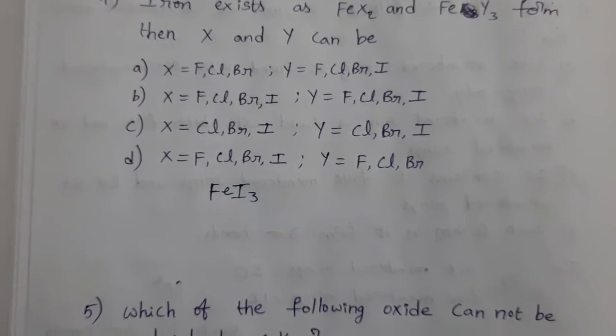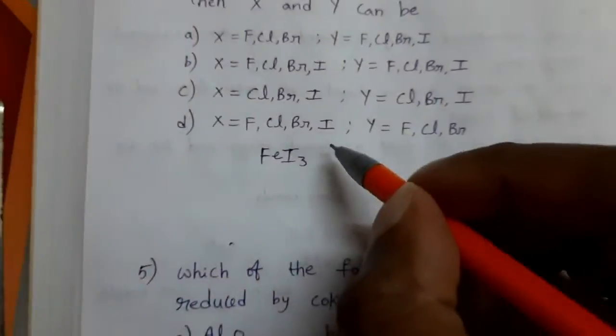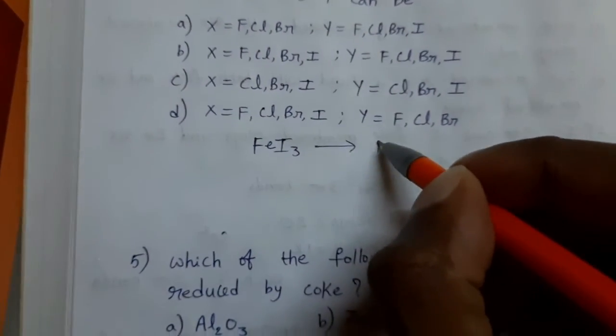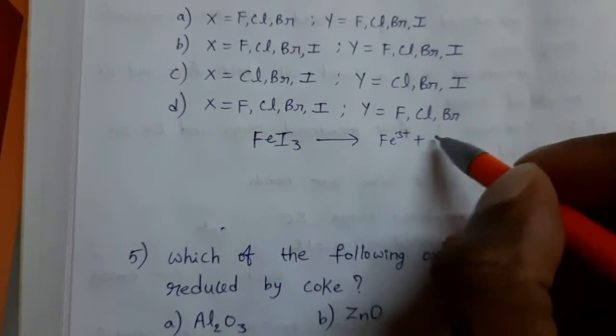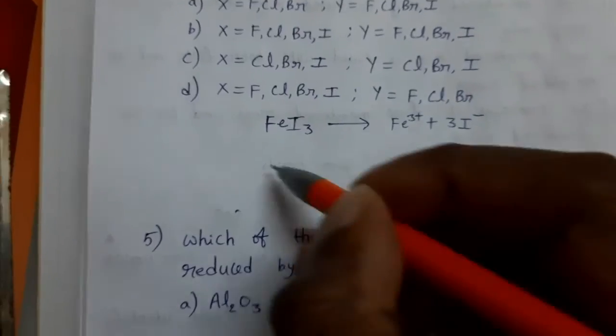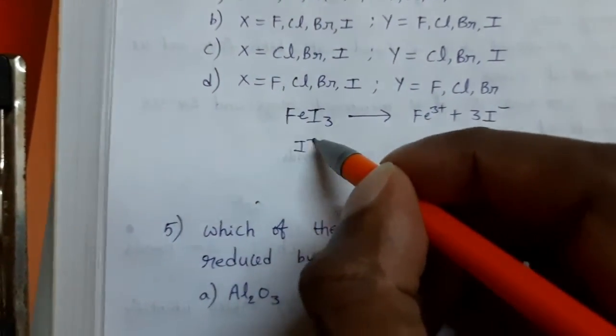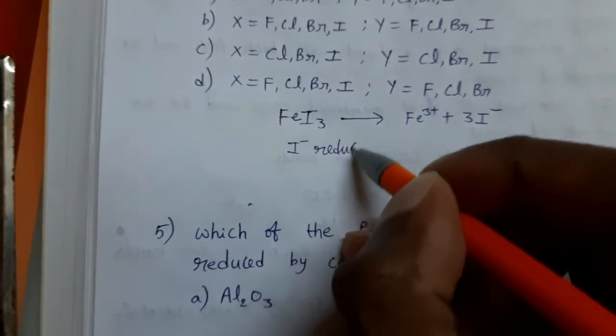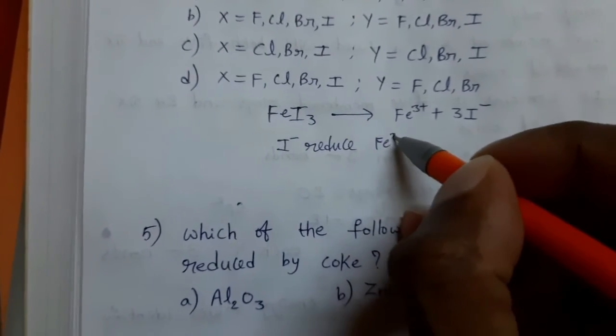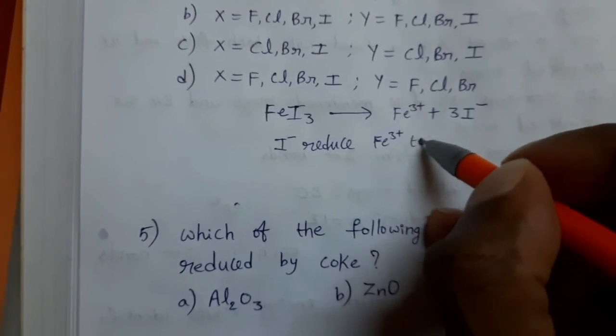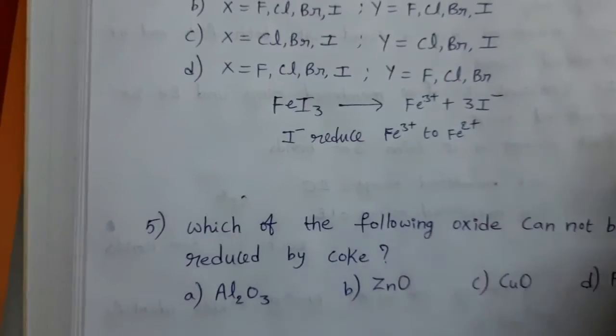This FeI3 is not stable because, in this, what are the ions? Fe3 plus and 3 I minus. Now this I minus can reduce the Fe3 plus ion to Fe2 plus.